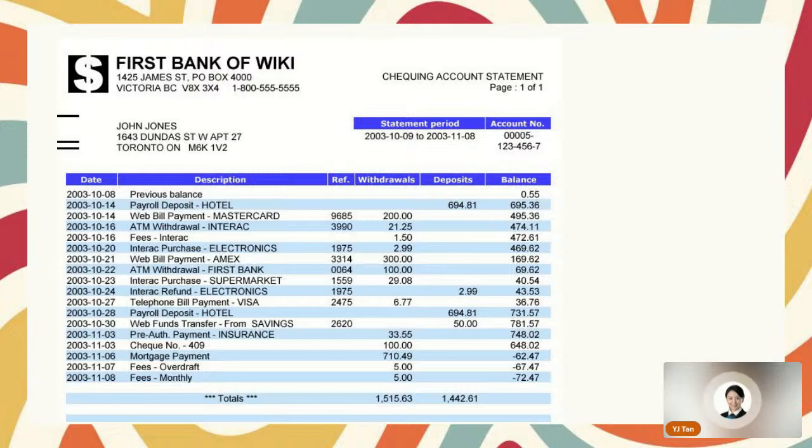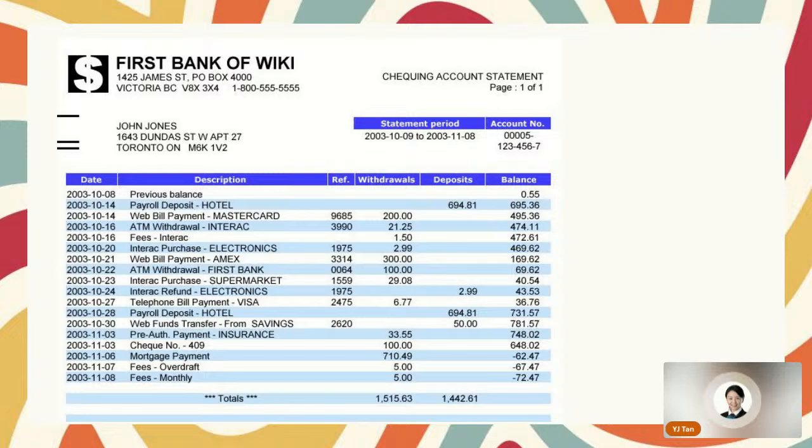As you can see here, there is a negative of 72.47, which is called an overdraft. In the cash book, in John's company cash book in this case, you will see there is an amount on the right-hand side, which is the credit side of the bank column, 72.47. By right, it should be on the debit side because that is your money. But this is negative, so it is on the credit side, on the right in the bank column.